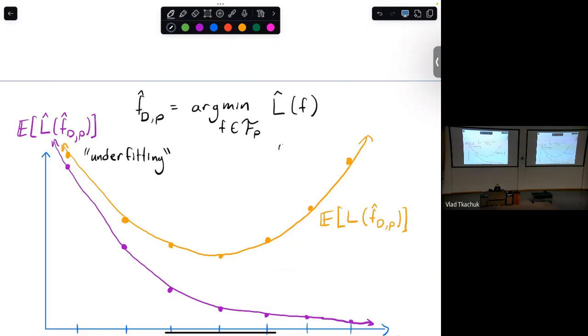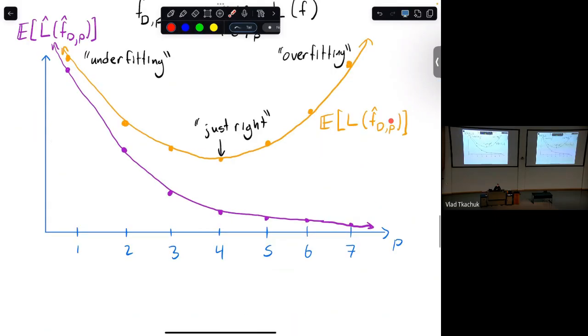Over here, you're overfitting. And this is where you're just right. This is the best choice of polynomial degree that you can make.